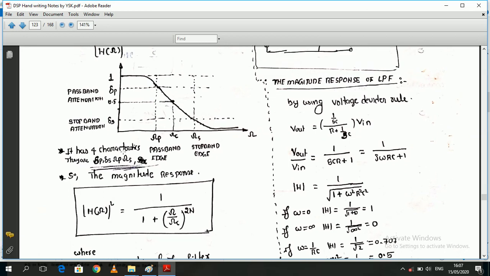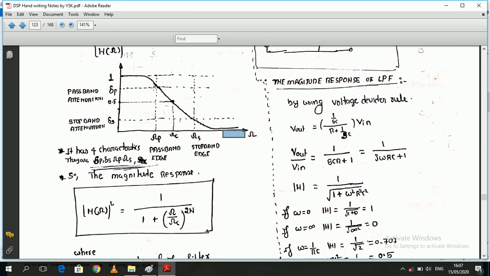By using this expression, you can draw the graph of H of omega versus omega. If the frequency is 0, the magnitude of H is 1. If omega is infinity, that means the frequency is infinity, the magnitude of H is nothing but 0.